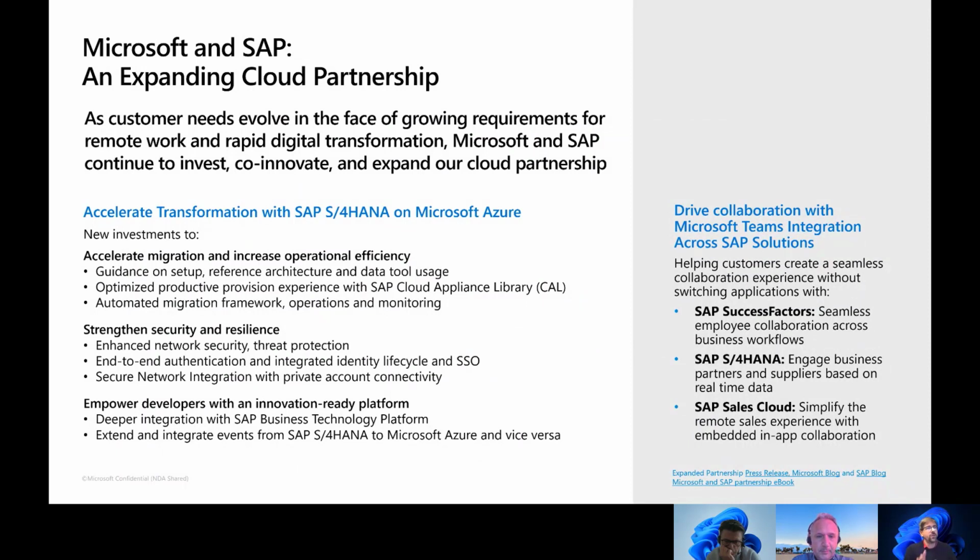When we look at the announcement, we have basically two pillars: the Teams integration, and the work that we're doing around the business technology platform, running and installing an SAP system, looking at developers, the whole lifecycle environment there, and how you can develop new applications. So on a high level, these are the topics that SAP and Microsoft are jointly working on right now.